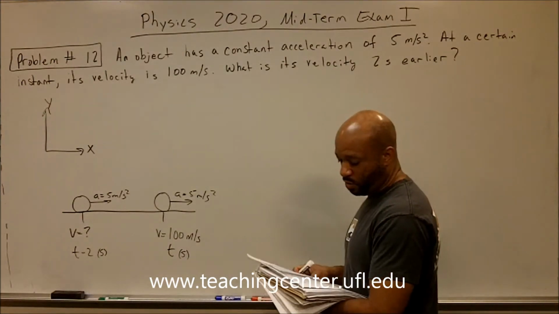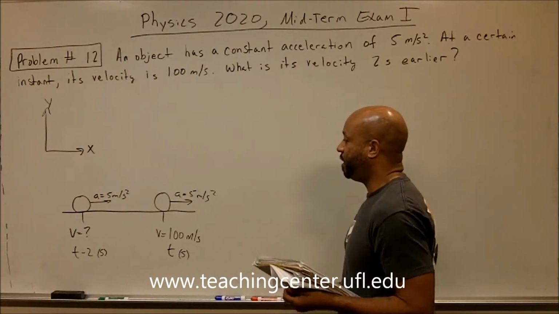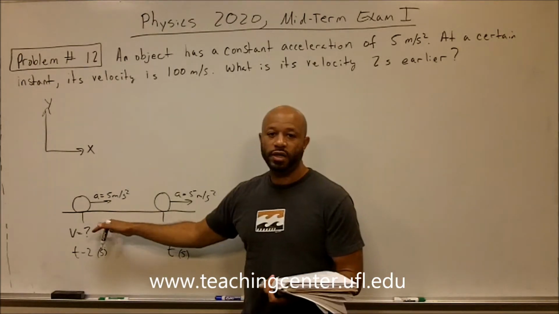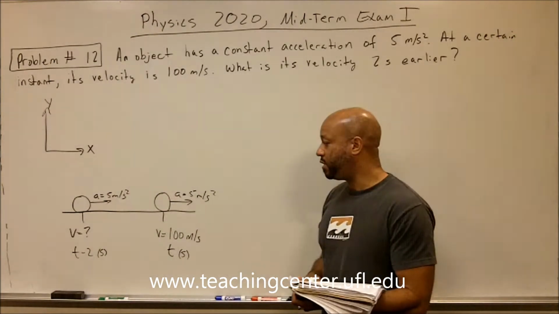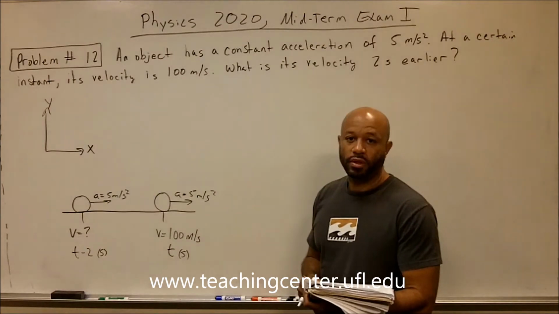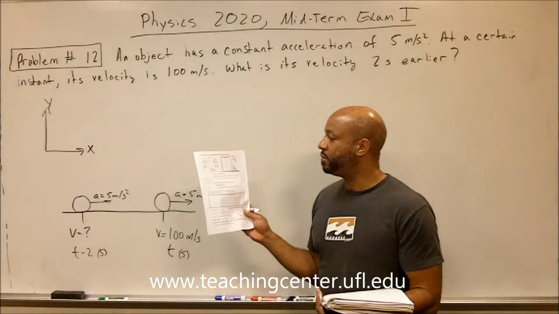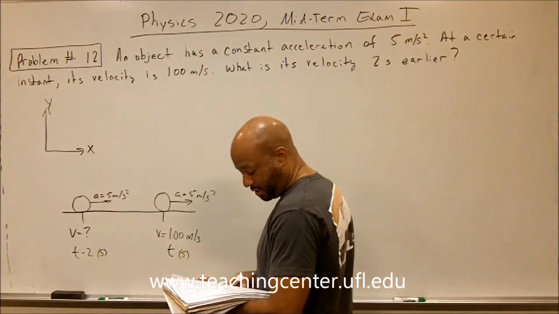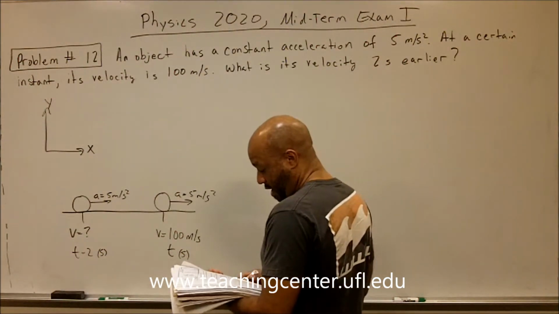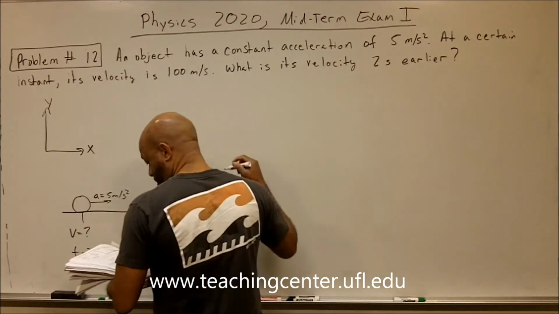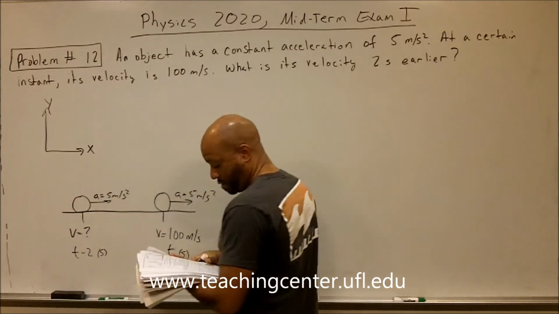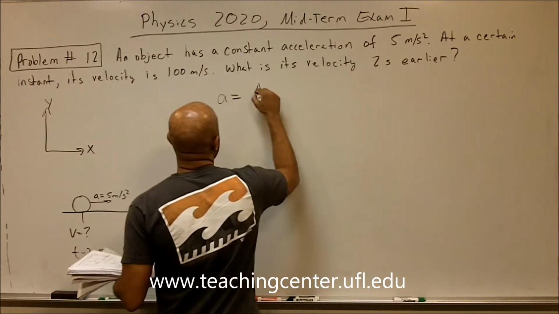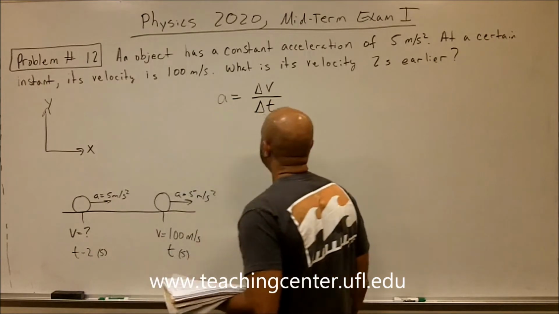So what we can do is think about, do we have enough information between the acceleration, velocity, and time to find out what the velocity was 2 seconds earlier? And actually we do. If you look on your formula sheet for Midterm Exam 1, you'll see under acceleration that it's defined as a change in velocity over the change in time.